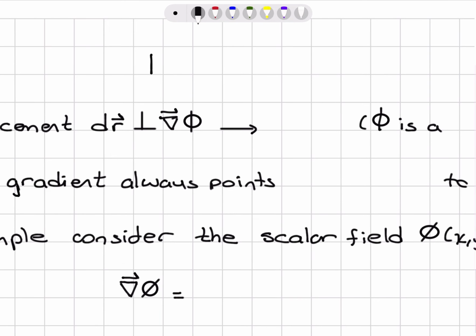So let's see here. The dot product with an incremental displacement dr of the gradient of this scalar field phi is equal to del phi del xi dxi.